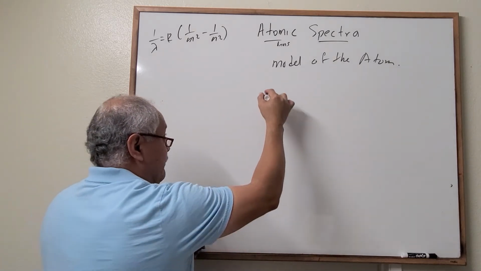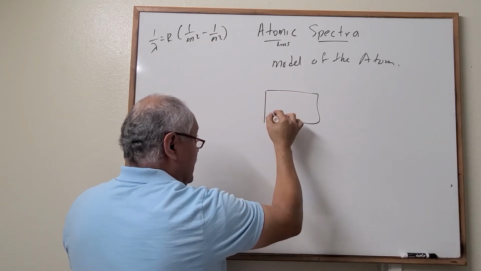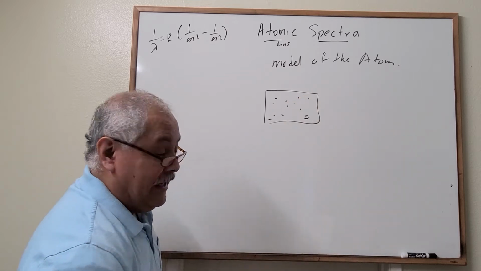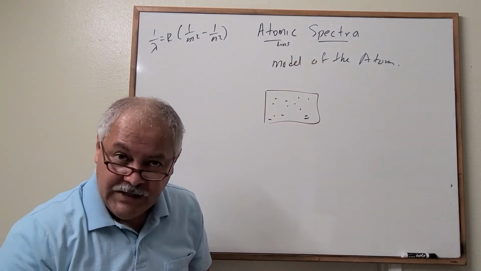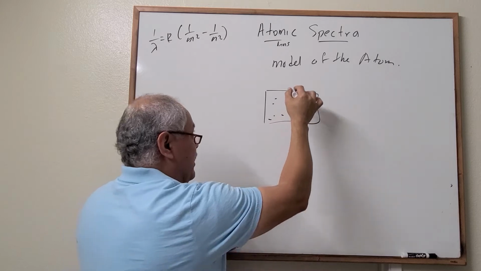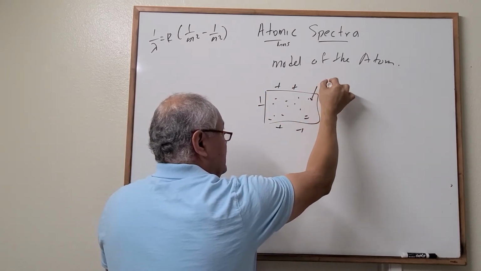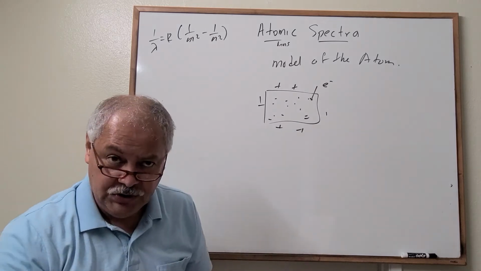It was believed before that the electrons were inside of this, like a cloud of positive charge. This is positive charge, and inside are the electrons, negative charges.